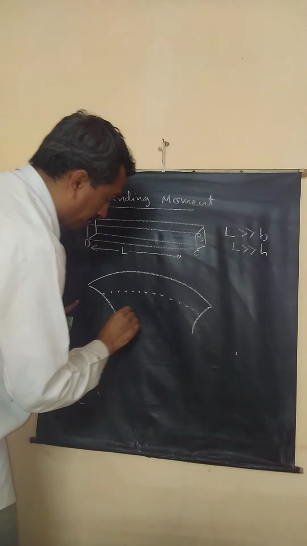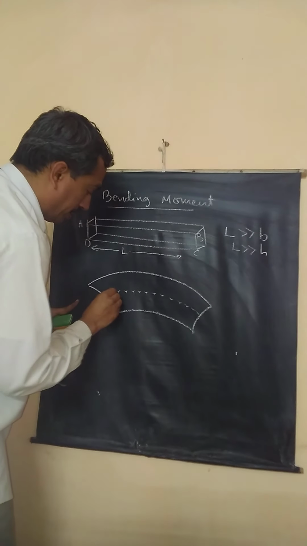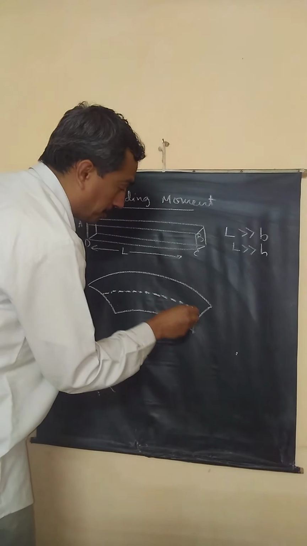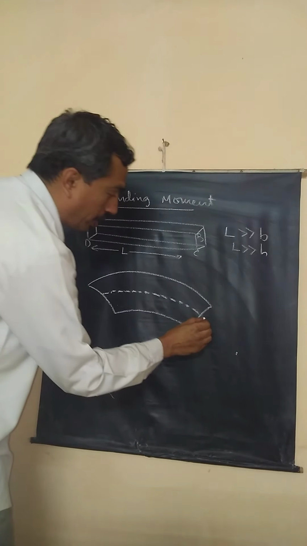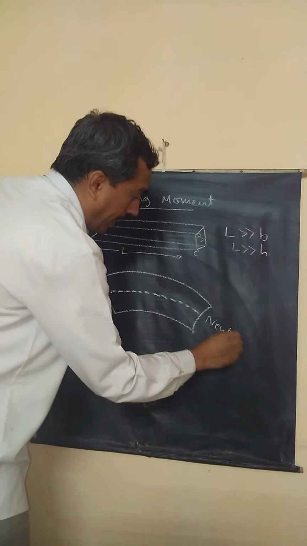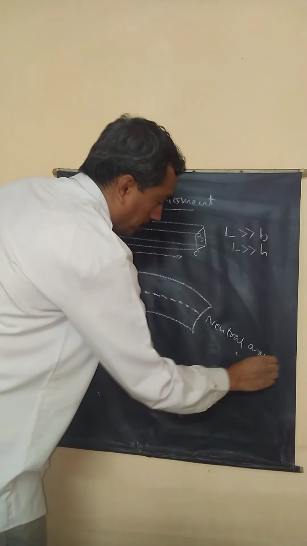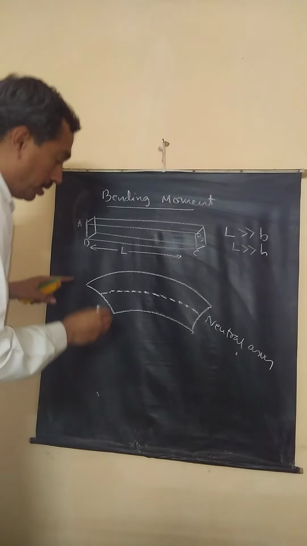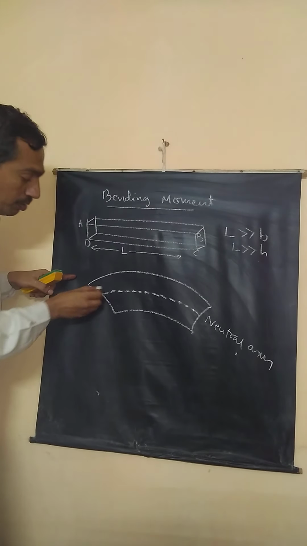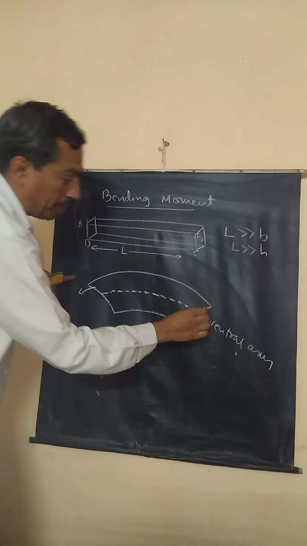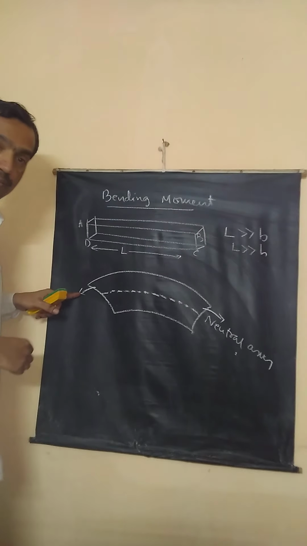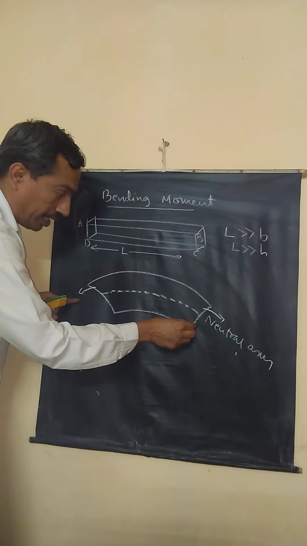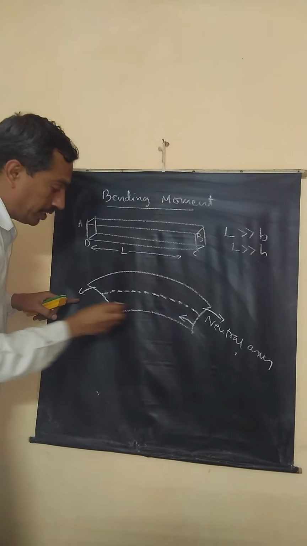That layer is called the neutral axis. This layer will not experience any change. Now, this layer in this diagram is experiencing expansion, elongation. Whereas this layer below the neutral axis in this diagram is experiencing contraction.